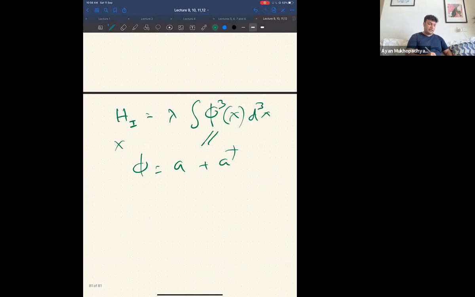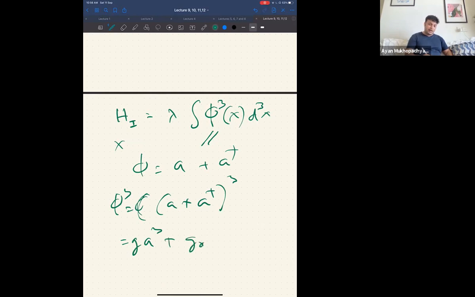So φ cubed is essentially (a plus a dagger) cubed. If it is (a plus a dagger) cubed, I will get terms like a cubed. It's a Hermitian operator, so I will get g a cubed plus g star a dagger cubed, because it has to be complex conjugate because it's Hermitian. And then I will also get terms which are a squared a dagger and things like that.